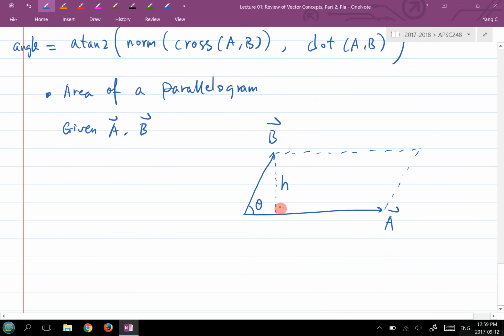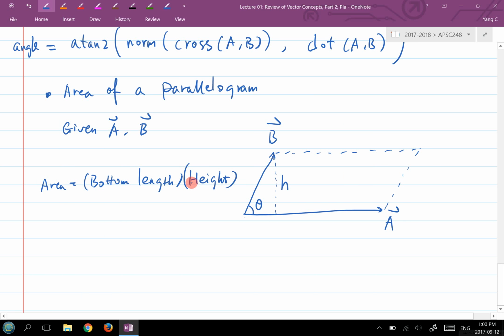Let's start with the very fundamental formula. Whenever you calculate the area of an object, in this particular case it will be the bottom length times the height. That's the direct formula you can use.